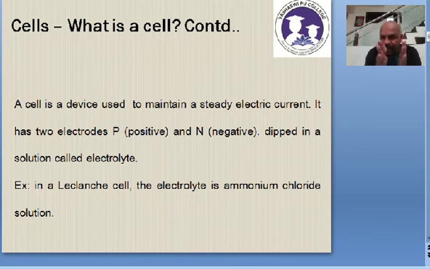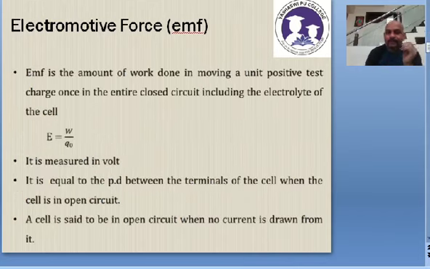So a cell is a device which is used to maintain a steady current in a circuit. A cell is a source of energy. It provides or maintains the potential difference, and hence the current flows in a circuit. As I told you, it has two electrodes, positive P and negative N, dipped in a solution called an electrolyte. In the Leclanché cell, the electrolyte is ammonium chloride. So that is what the cell is.